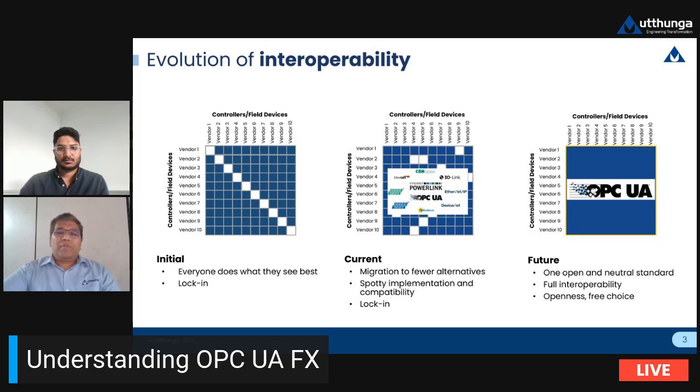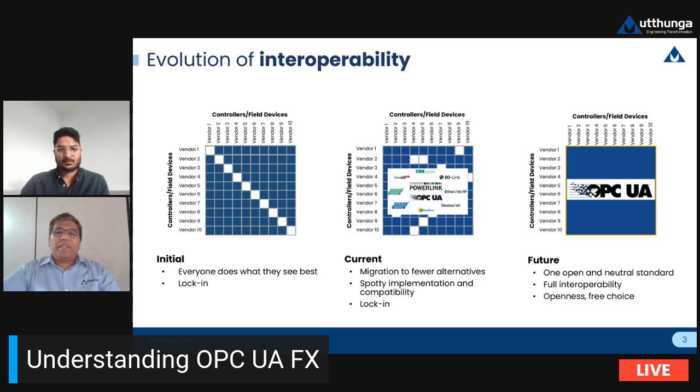So with systems supporting a specific protocol, you have a choice to use other vendors' components as well which support the same protocol. So then you can have a little flexibility in coming up with your system.